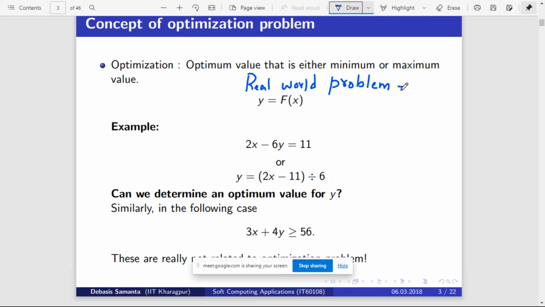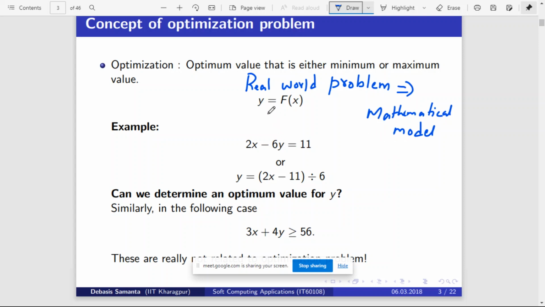First transform the real world problem into a mathematical model. Once you have transformed it, then you have to choose whether it is a maximization problem or a minimization problem. That depends on the type of the problem. In some cases it may be a maximization problem, in some cases a minimization problem.